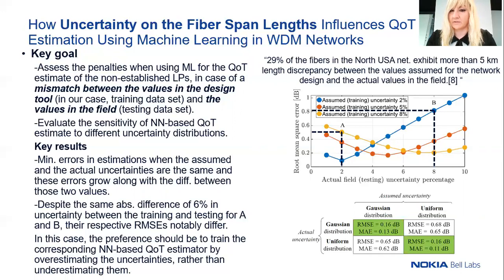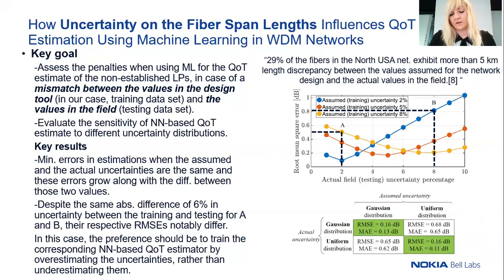But if you take a look at point B, which is for training uncertainty of 2% and testing uncertainty of 8%, they have the same absolute difference in uncertainty between training and testing of 6%. But point B has a higher root mean square error. What does it mean? It means that it's better to train your data by overestimating the uncertainties than by underestimating them.